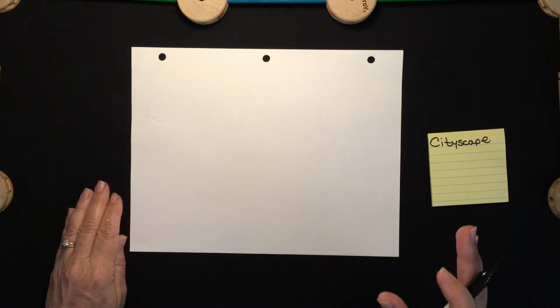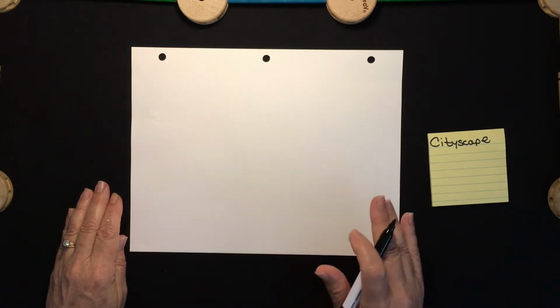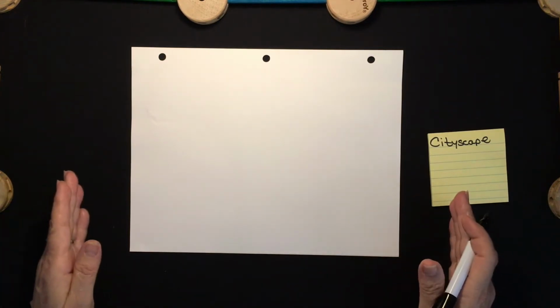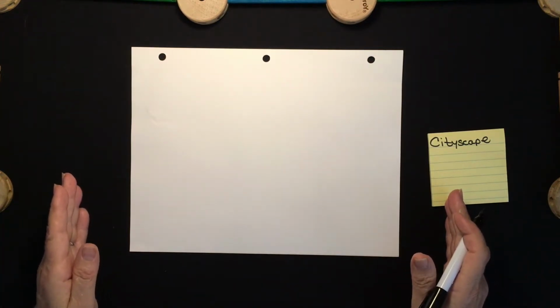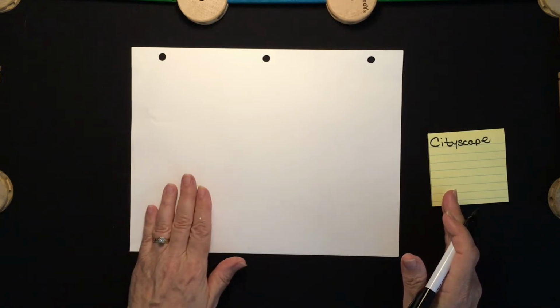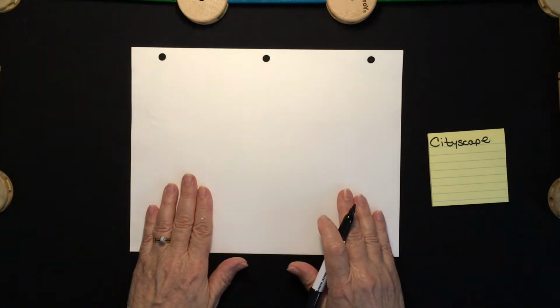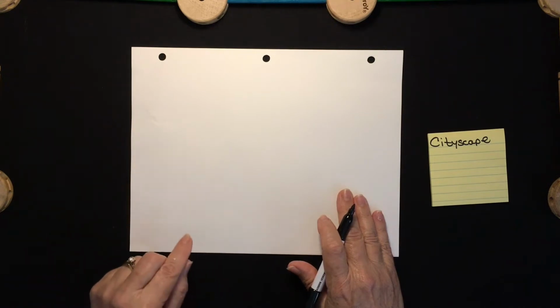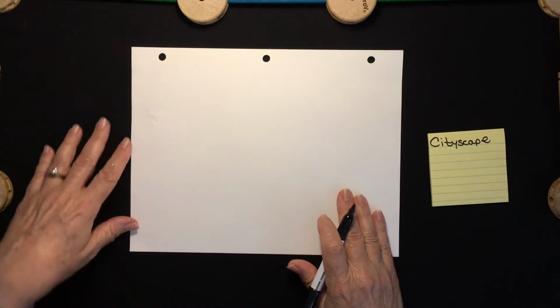You can add as many cars as you want or as many buildings. So I would suggest that you watch this video first from the beginning to the end, and then as you begin your drawing, you can start it again and pause it at different steps so you can catch up.